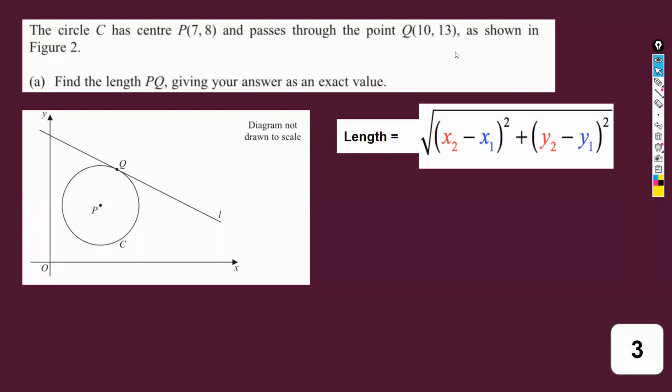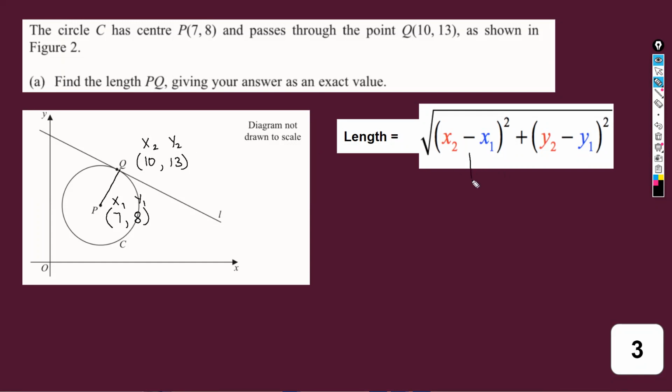Right, so here's another question, a little helpful formula here from normal maths class. It's these 2 points here. You could call this one x1, you could call this one y1, and this one x2 and y2.